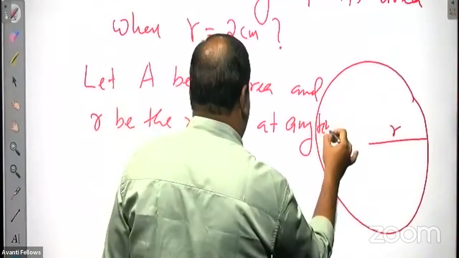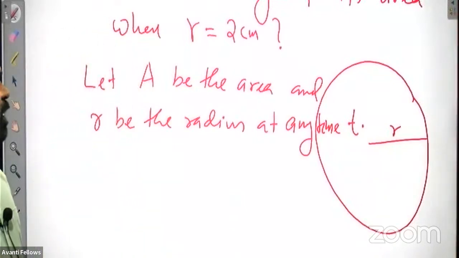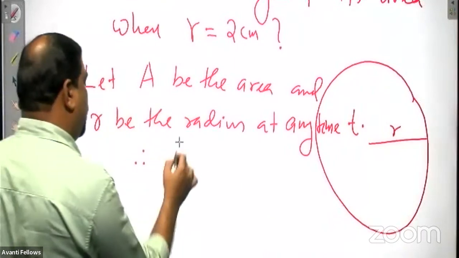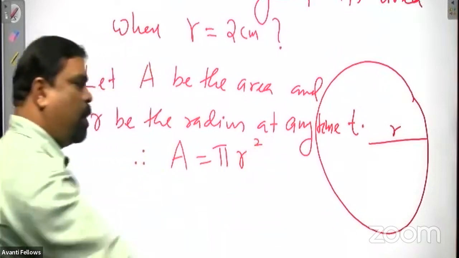At any time t, A is the area and r is the radius of the circle. Then as usual, we know that the area of the circle at any instant will always be pi r square.